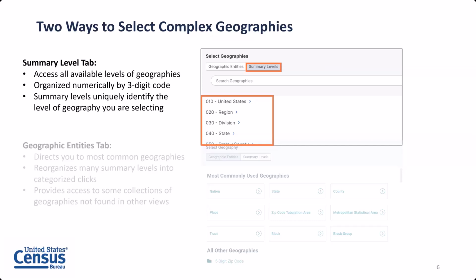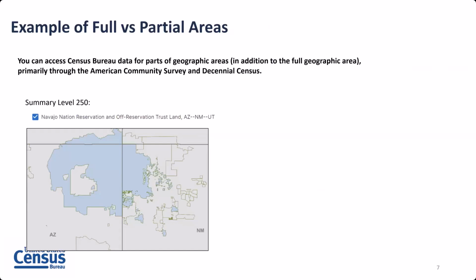We're going to talk more about summary levels and how you might find out what summary level you need later on. For now, we're going to focus on simply navigating the pathway. And summary levels are nice because they uniquely identify that geographic level you're interested in. The summary level tab will show you the different options that are available.